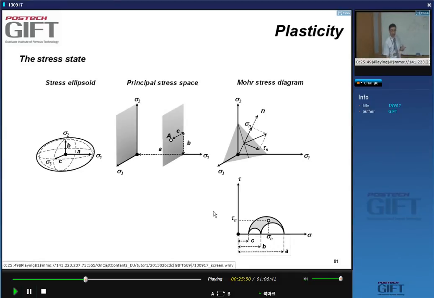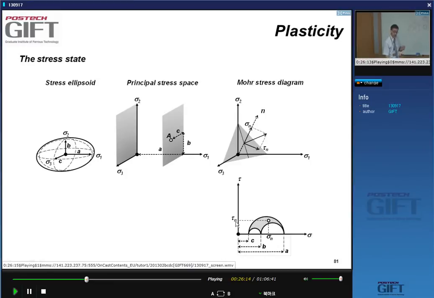So you have a Mohr circle, for instance, in this case, for sigma 1 and sigma 3, sigma 1 and sigma 2, and sigma 2 and sigma 3.